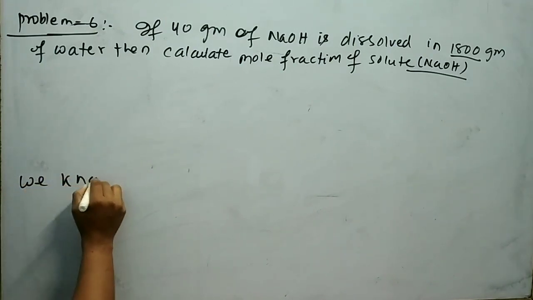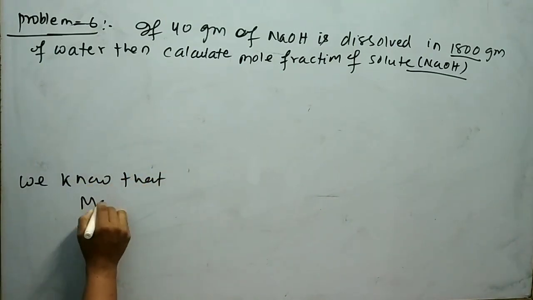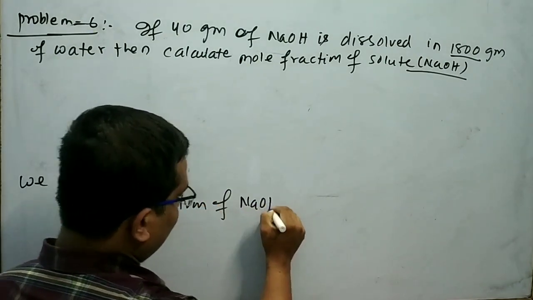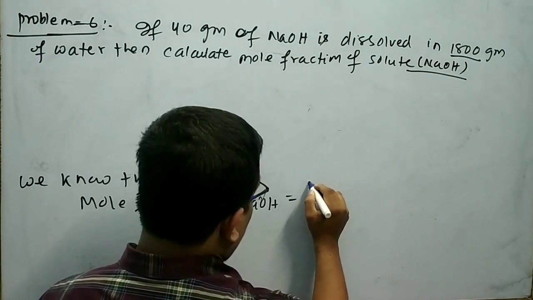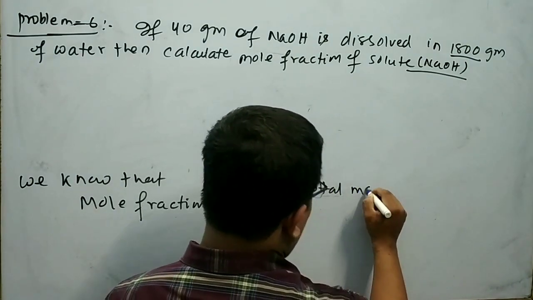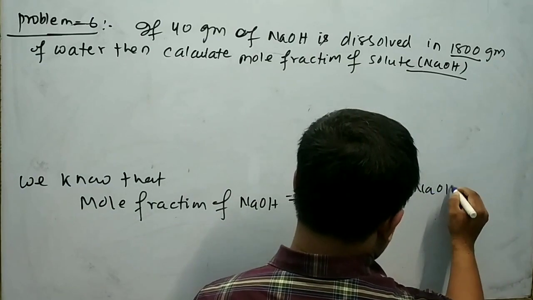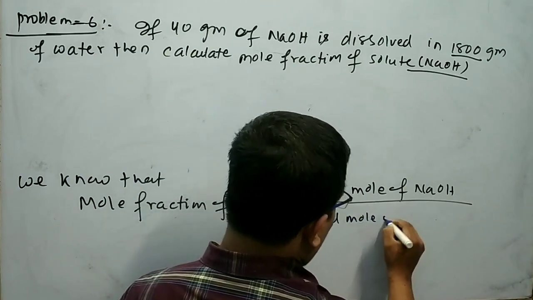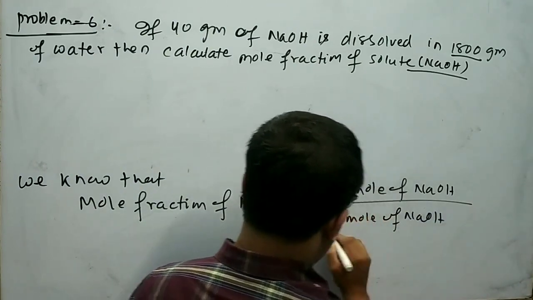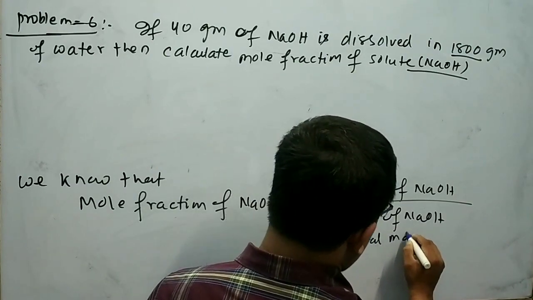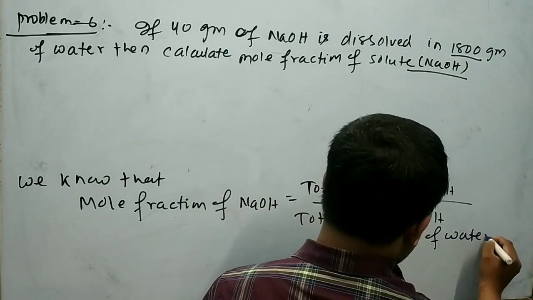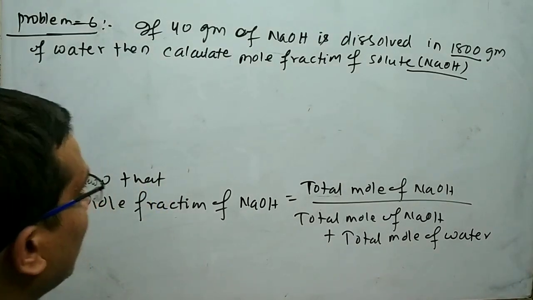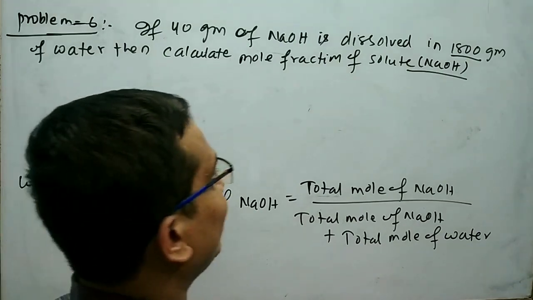We know that mole fraction of NaOH equals total mole of NaOH divided by total mole of NaOH plus total mole of water. Here the weight of water and weight of sodium hydroxide are given. I have to convert the weight into mole.